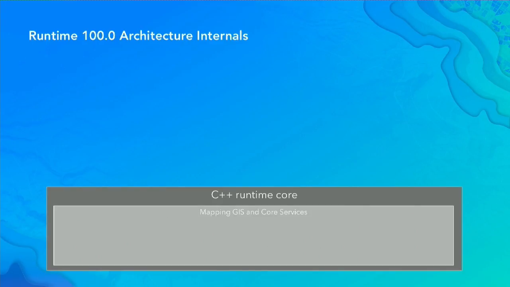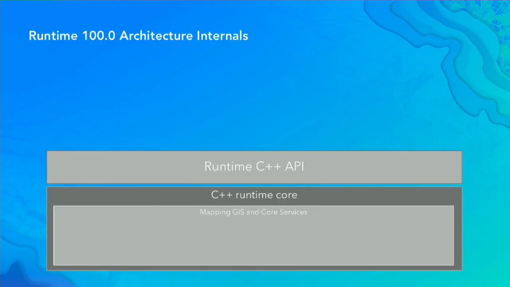It's still based on C++, and all of our subsystems are implemented in C++. We have, sitting on top of these independent subsystems, a unified C++ API, which actually looks, to all intents and purposes, like the public APIs that you work with. It has the same concepts.